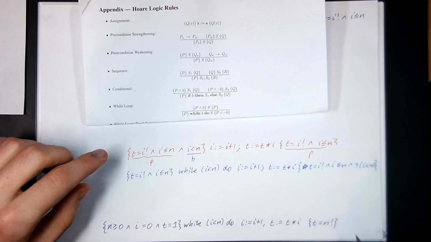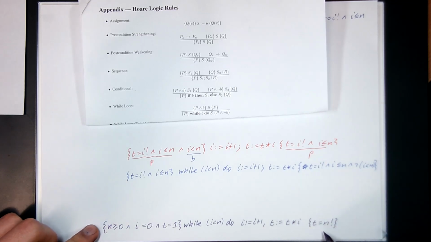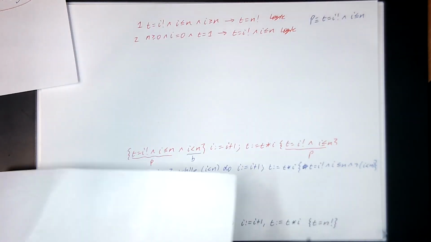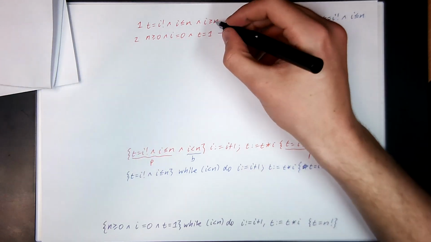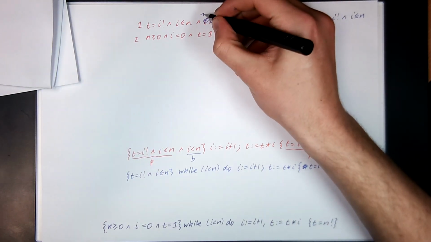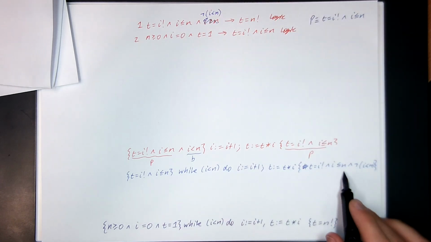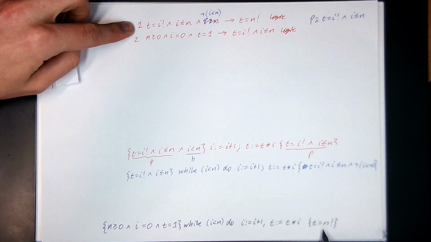So now our objective is to take this thing and clean it up so it looks like this thing. Okay, so what have we got? Well, really I should rewrite this exactly like this. So instead of I greater than or equal to N, I'm going to write the negation of I less than N. There we go. So this statement here implies this statement here, because we did that work before.